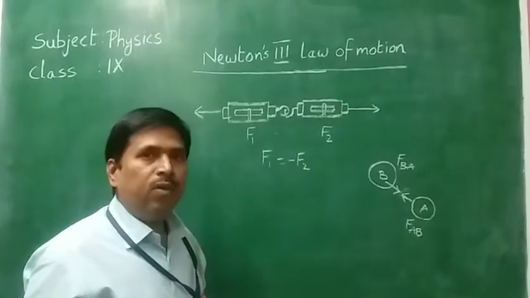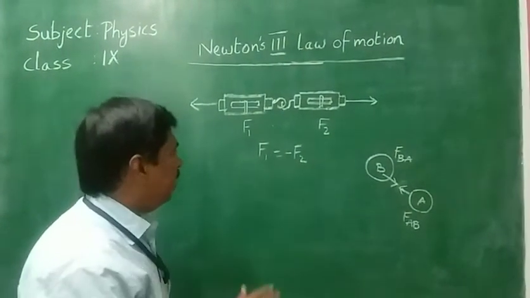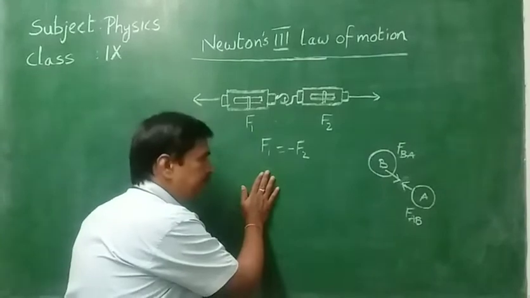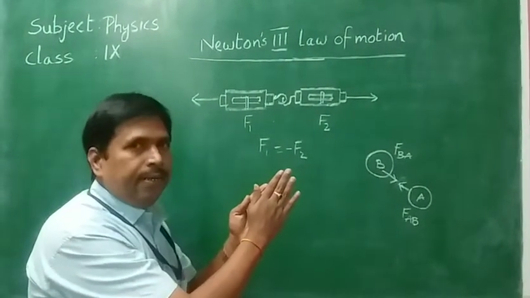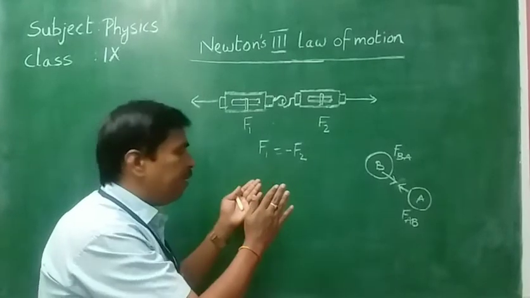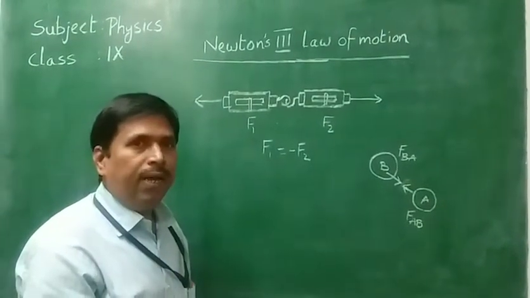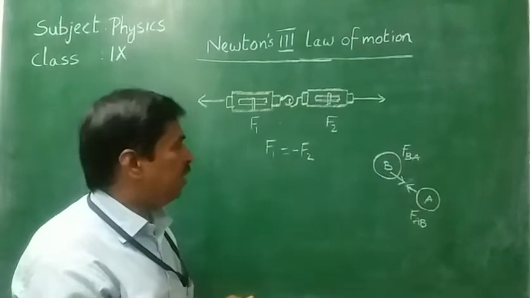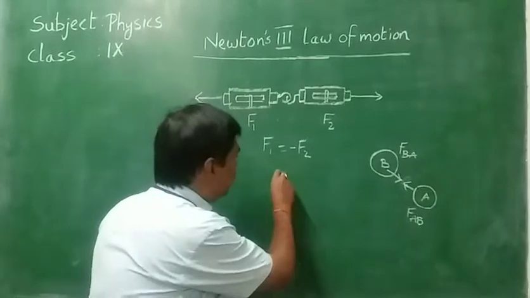For that, we have different examples. Suppose I apply a force on the board like this. The board also applies an opposite force on my hand. Both forces are equal, but the direction is opposite. Another example: when you are walking on the ground, you place your feet on the ground in this manner.